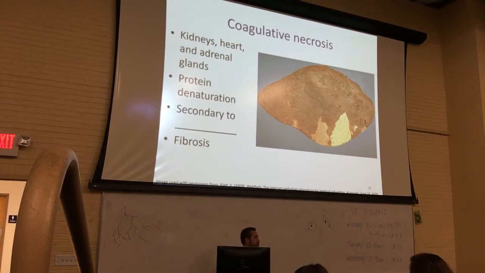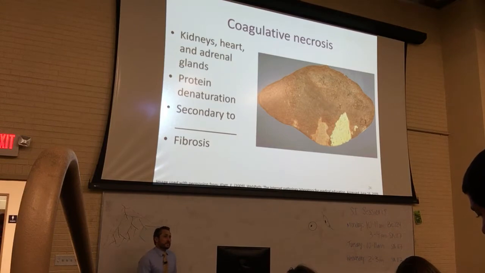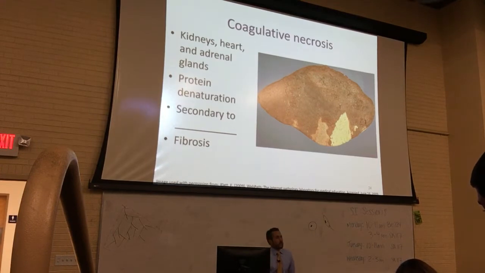Coagulative necrosis is usually secondary to acute ischemia. What that fancy sentence is saying is, first comes a loss of blood flow or acute ischemia, then comes coagulative necrosis. So it's secondary to the primary cause, which is acute ischemia.